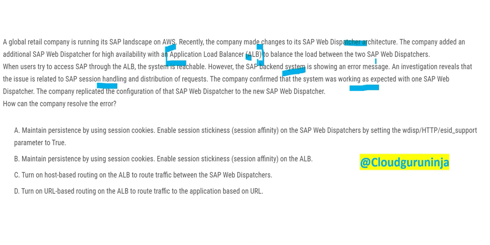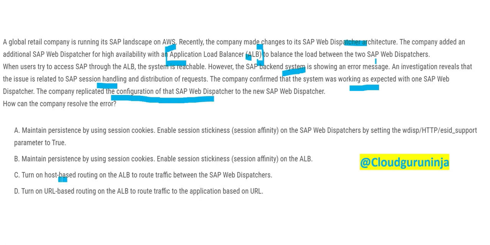So now first thing you might say, okay, hey, you bought two web dispatchers, maybe the configuration is different. So they are also telling you, boss, I have replicated the configuration. So both web dispatchers have same configuration. So you have to resolve it. How will you resolve it? Which option will you choose?